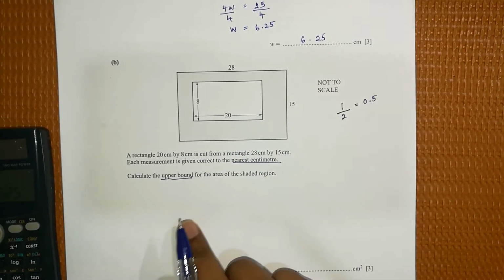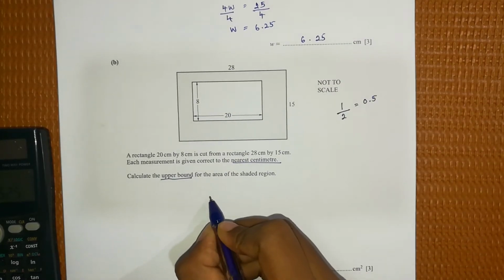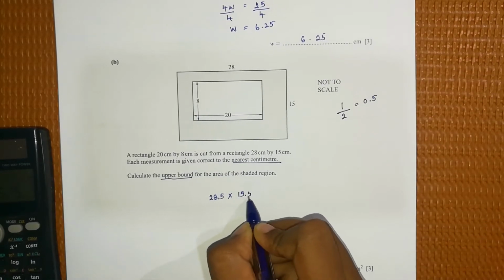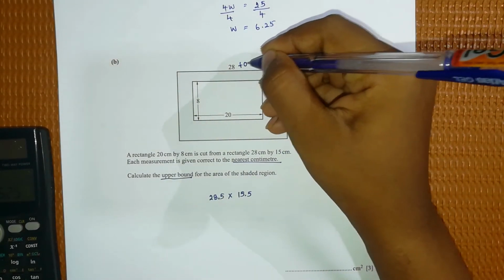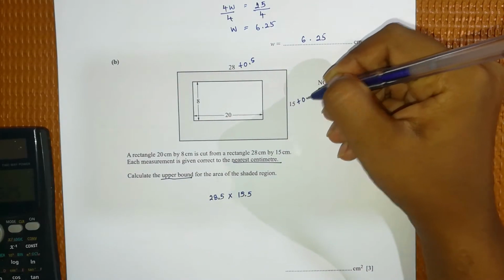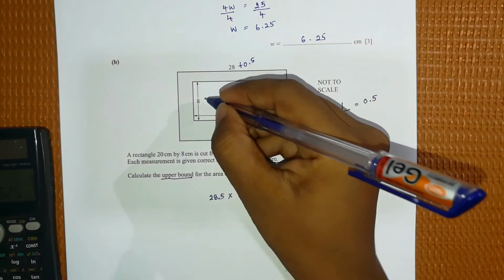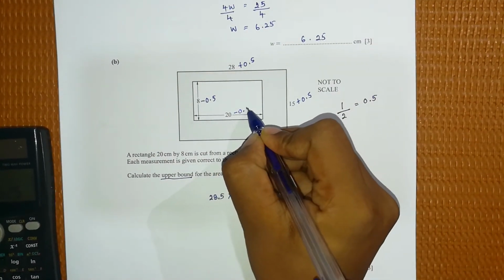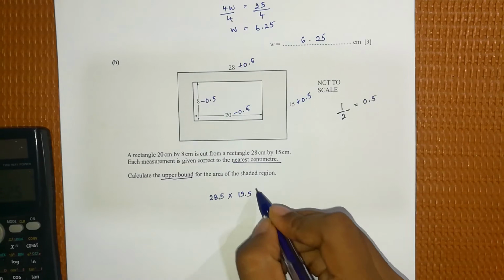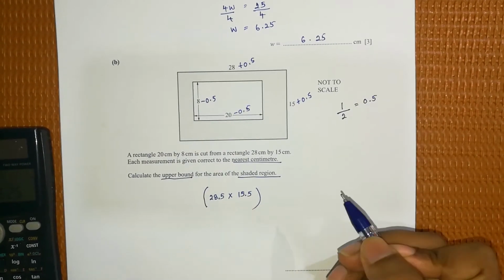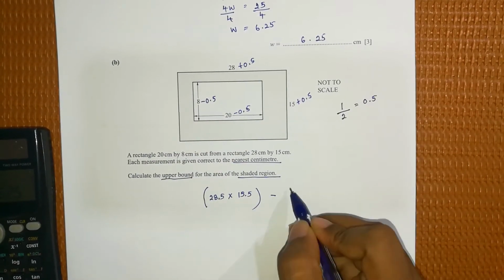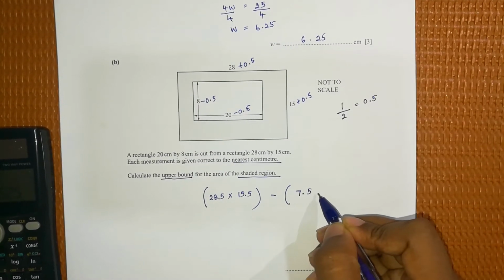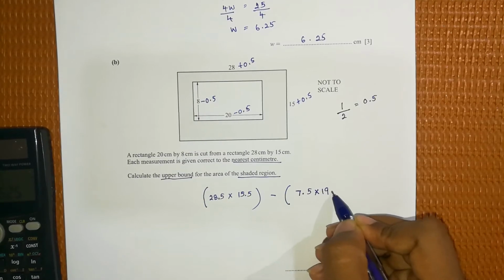So if we do it in one step, that is 28.5 into 15.5, because we have to add 0.5 to get the upper bound. Then here to get the lower bound, we have to minus 0.5 from each. Then since they ask the shaded region, we have to subtract the two areas. So that is going to be 7.5 into 19.5.